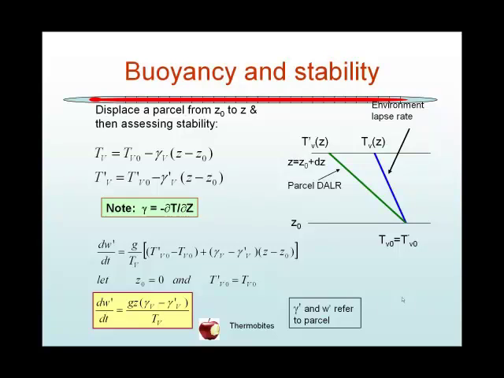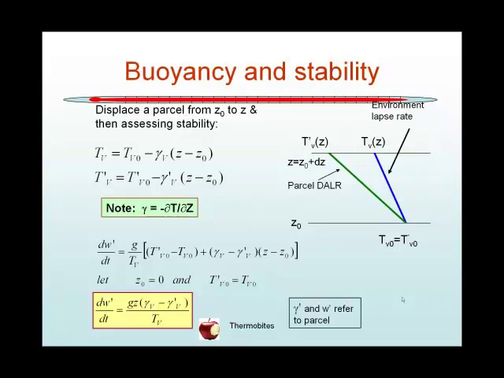The parcel will ascend at a dry adiabatic lapse rate, and so it will move from a virtual temperature Tv0 dashed to a virtual temperature of Tv dashed at height z. Likewise, for the environmental lapse rate in virtual temperature, the environment will change temperature from Tv0 to Tv at z.